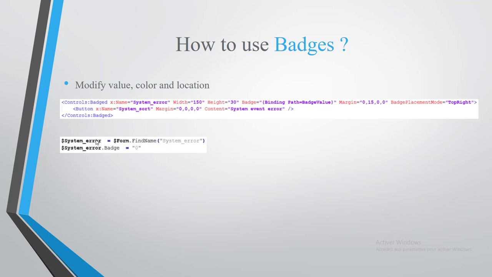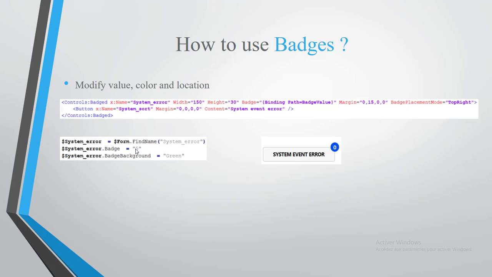So I declare my control in my PS1 and I can add an action or a value to my control. To add a value, a number, to your badge, just use the badge attribute. It will give this kind of design. So my button and my value 0 on my button.